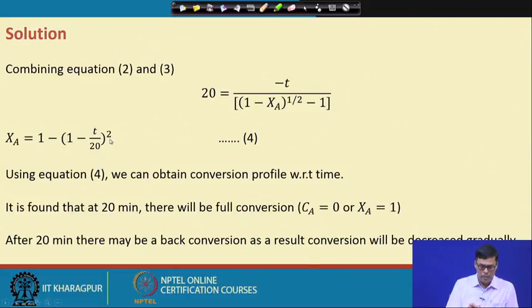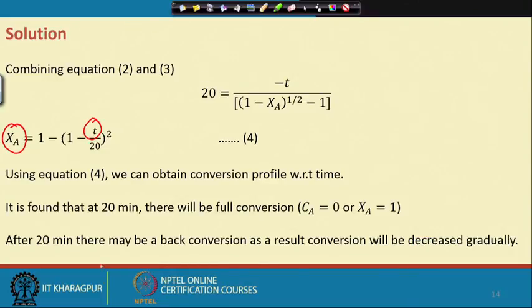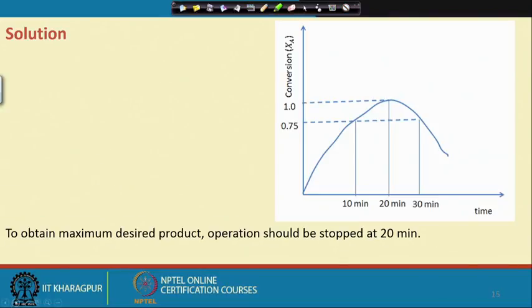Now, in this equation, if we put different values of t, then you can find out the X_A fraction, and then we can find a correlation. This is X_A and this is time.